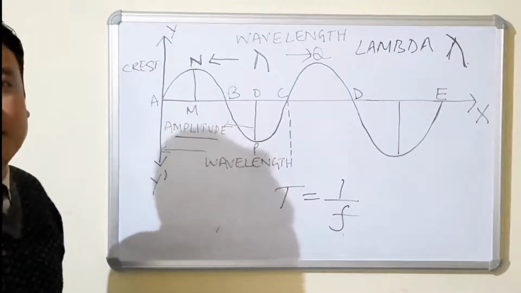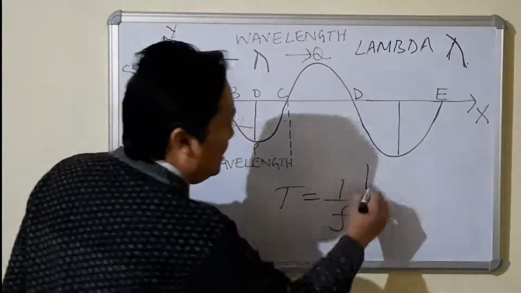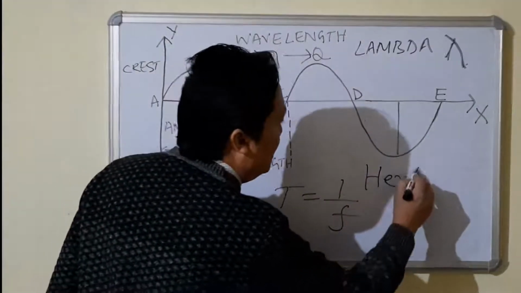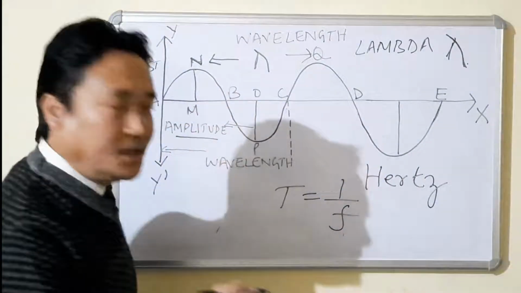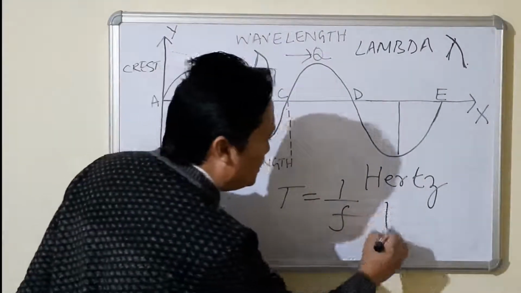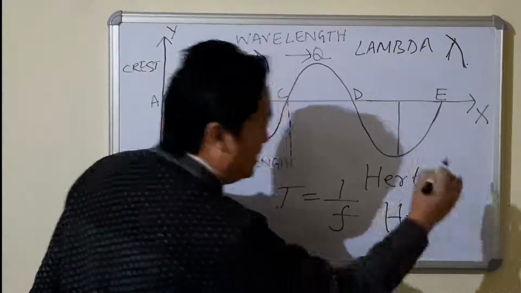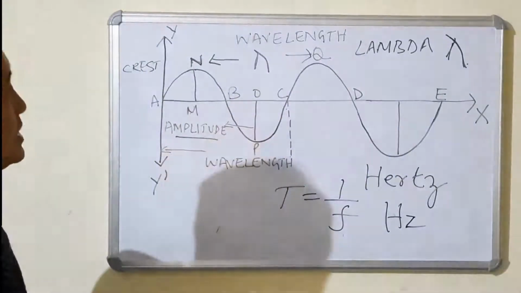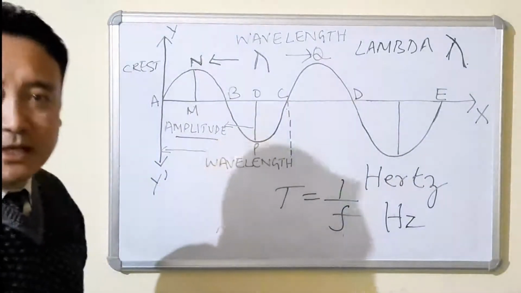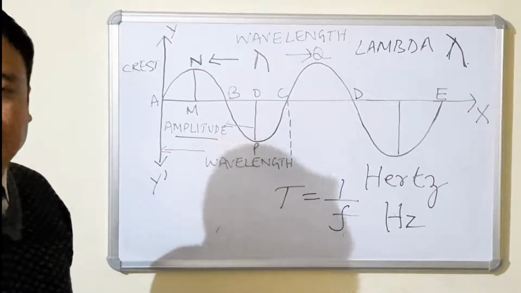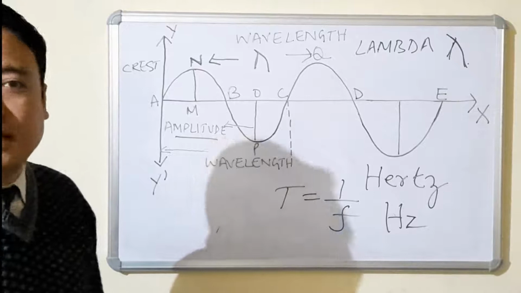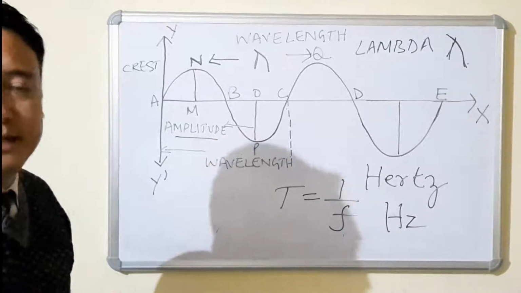And the SI unit of frequency is taken as hertz, and in a short form it is written as Hz. Okay, so these are the terms related to sound waves. When the sound travels in the air, the sound always needs a medium to travel. The medium is air.